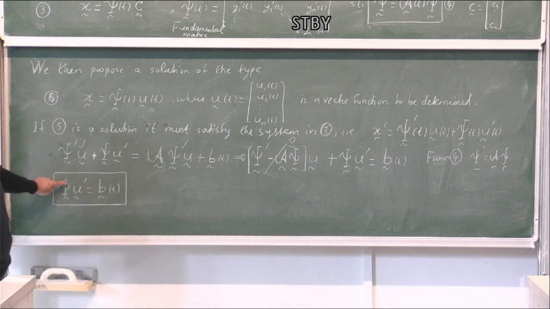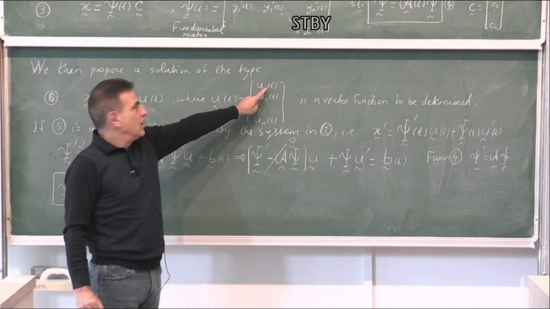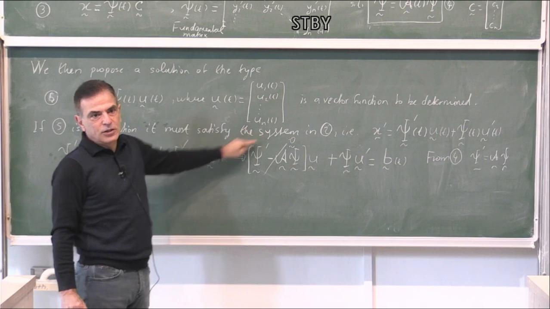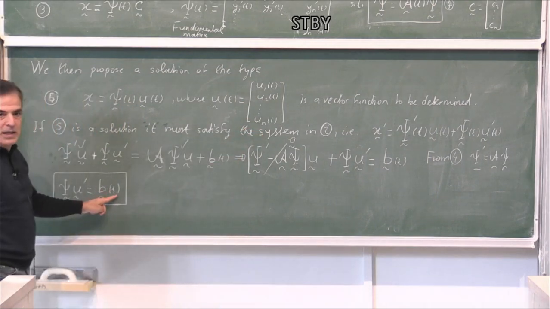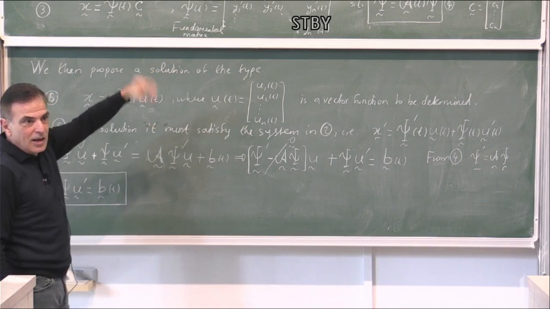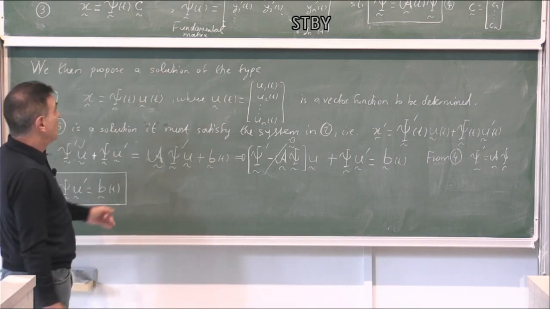So there is a matrix of order n, and a vector which contains the derivatives of the unknown functions proposed in the solution, and this must be equal to b, which is very well known. It is the non-homogeneity vector function.